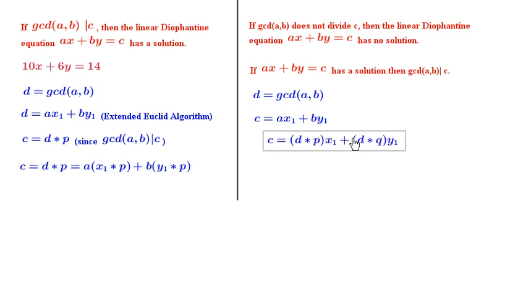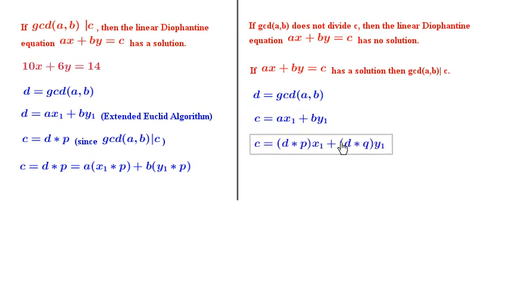Now since d is GCD of a, b, we can write a as a multiple of d. Similarly, we can also write b as a multiple of d. So instead of a, we can write d times p. Instead of b, we can write d times q.